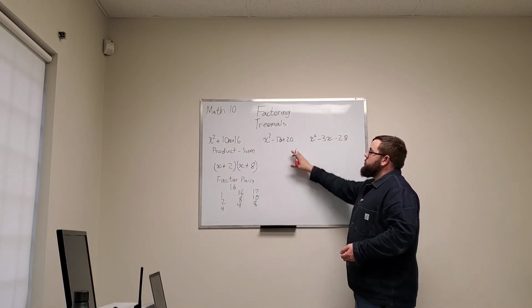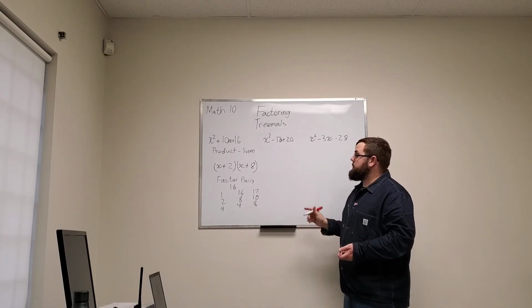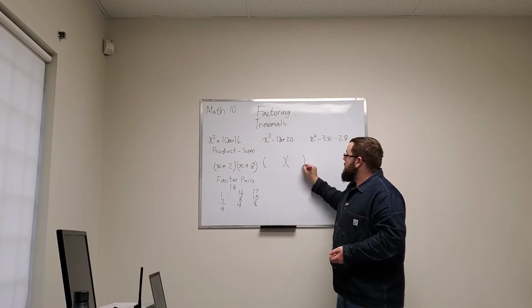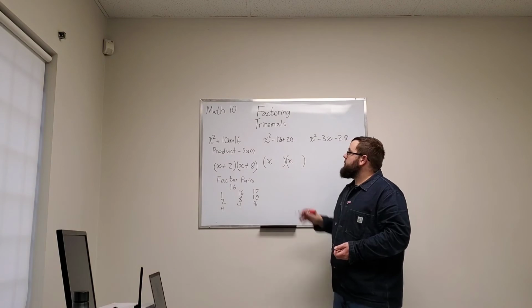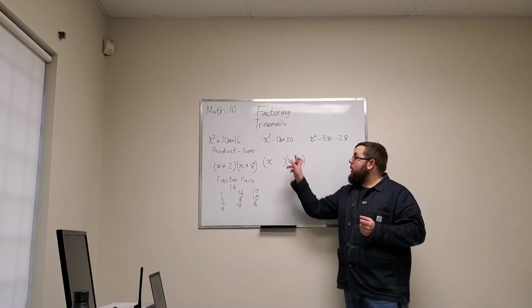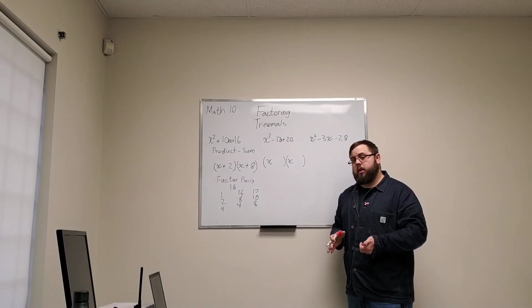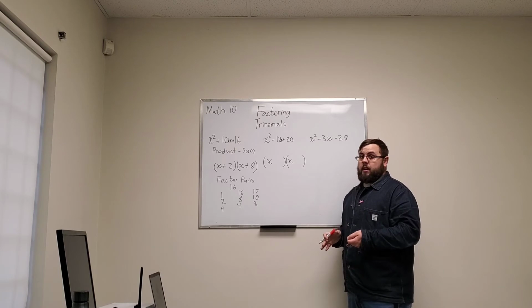All right, so let's look at this one here. So this time we have a negative number on our second term. That's the only difference. So again, I'm going to put the brackets down. And I'm going to put the x down, because the only way to get x squared is x times x. Now again, we're dealing with a positive product. And again, the only way to get a positive product is by either multiplying a positive by a positive or a negative by a negative.